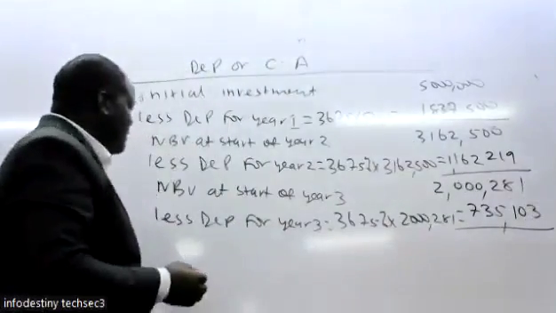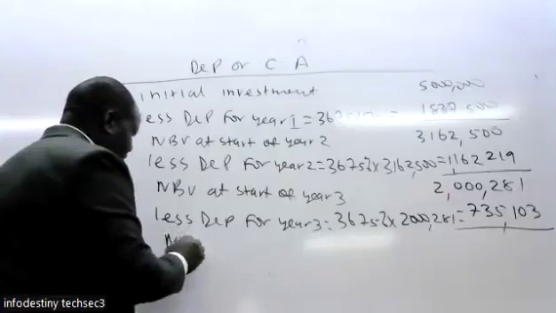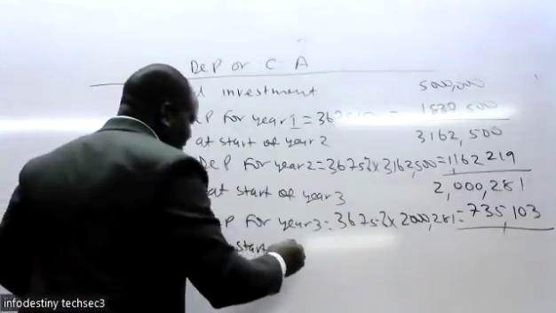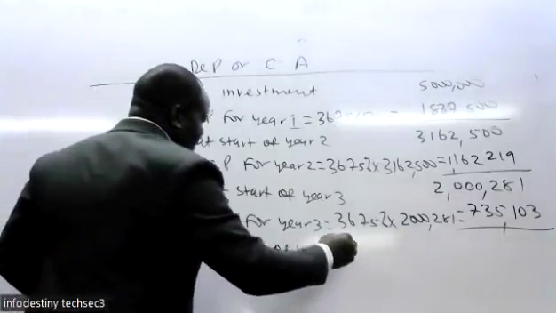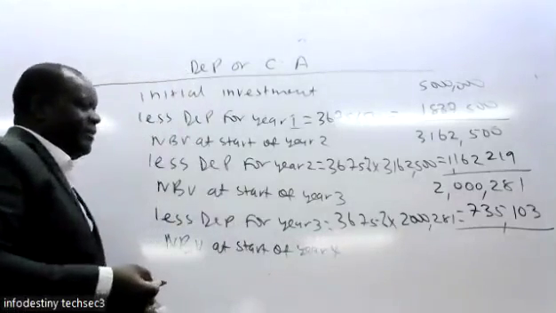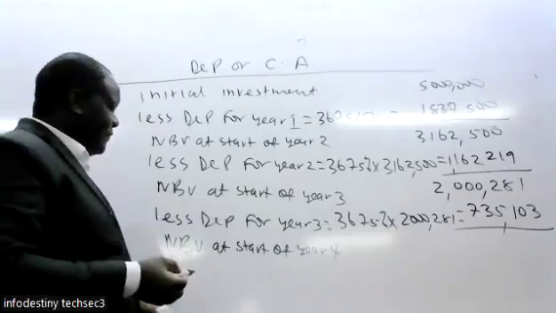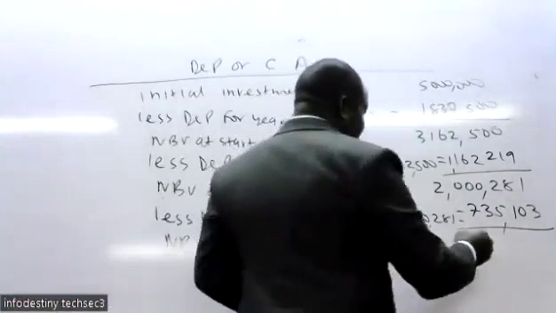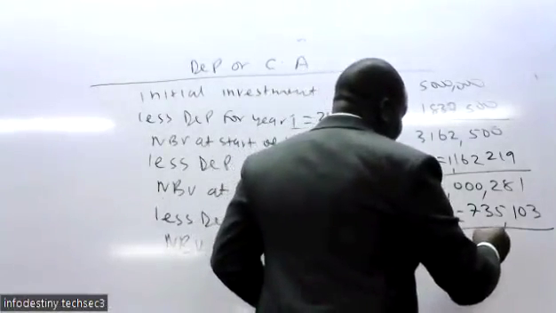So that you get the net book value at the start of year 4. How much is the net book value at the start of year 4? It is 1,265,178.